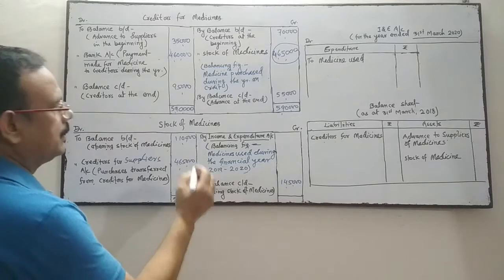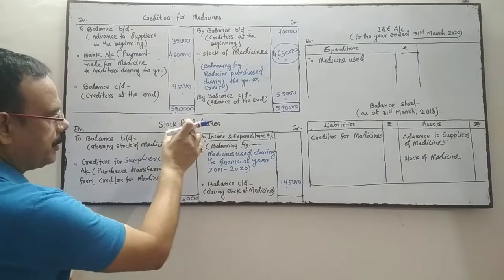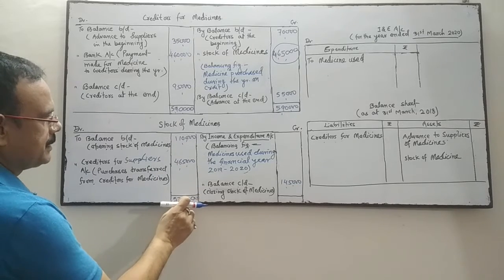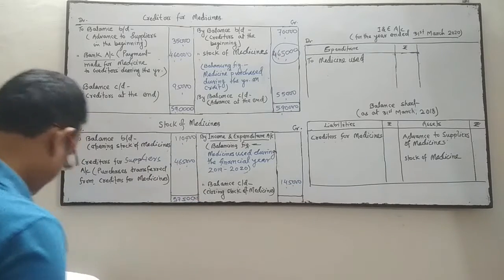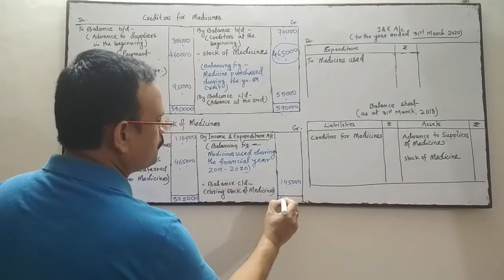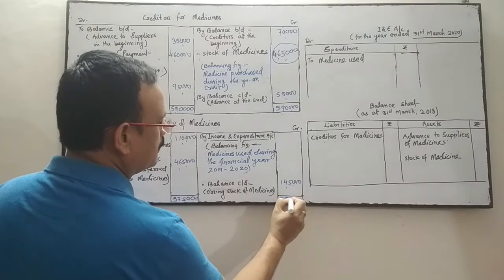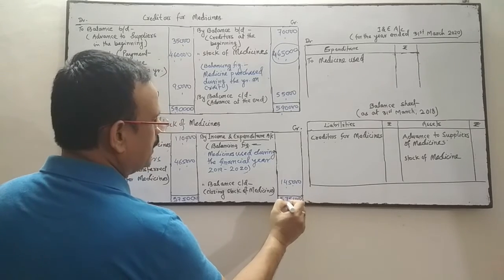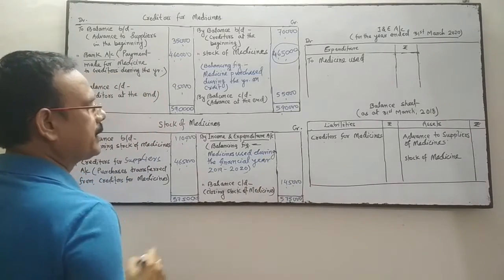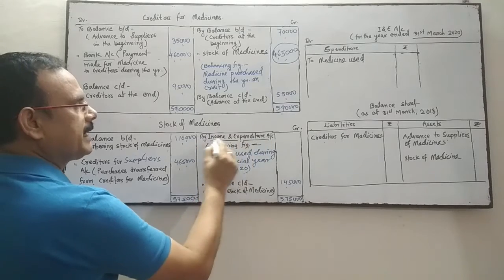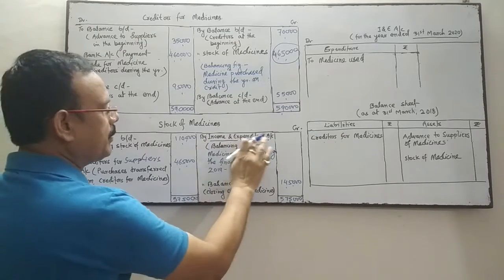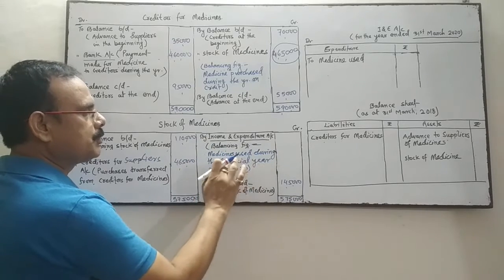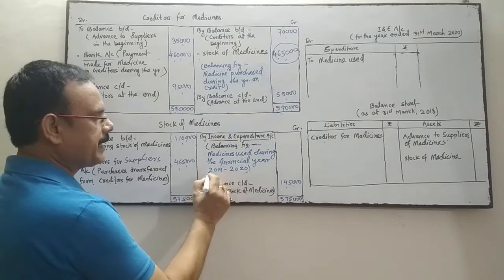After that, we will do the total of the debit side. The debit side total is 5,75,000. The same amount we will write over here, 5,75,000, and we'll put the difference amount over here, which will be transferred to the income and expenditure account. This amount is the balancing figure indicating the medicine used during the financial year 2019-20.